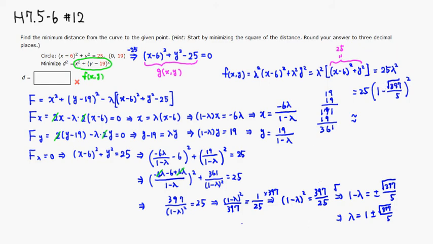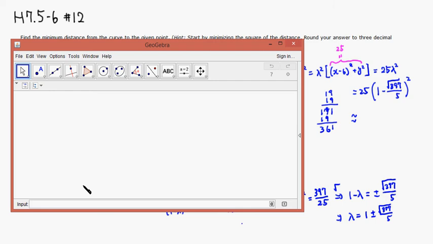In GeoGebra, we want to find 25 times 1 minus the square root of 397, divided by 5, and squared.